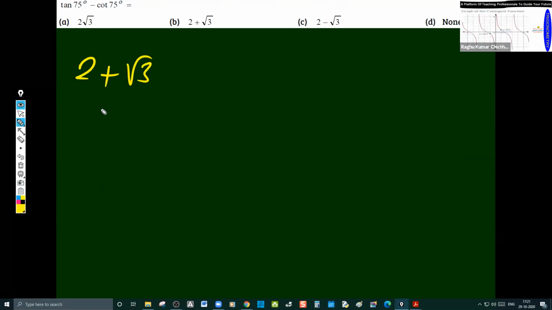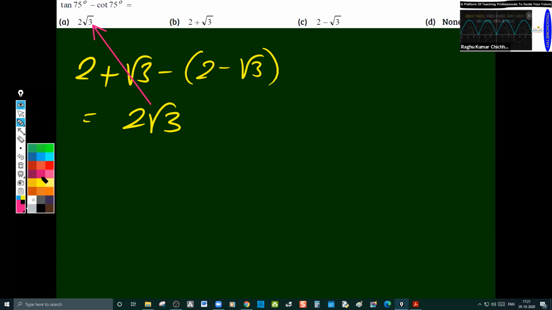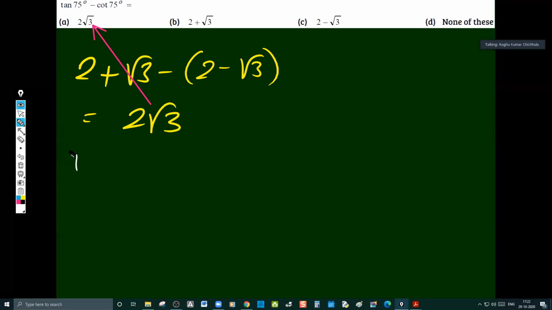So 2 plus root 3 minus 2 minus root 3 is 2 root 3. I already explained how to derive this. I gave you a table also, and if you do not remember the value, then proceed by taking it as 45 plus 30.